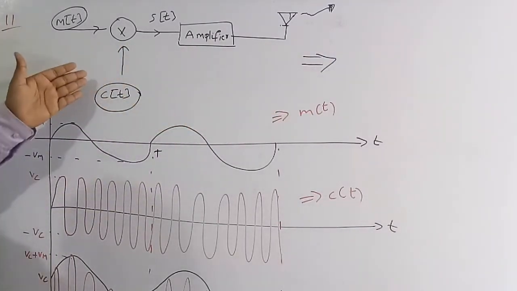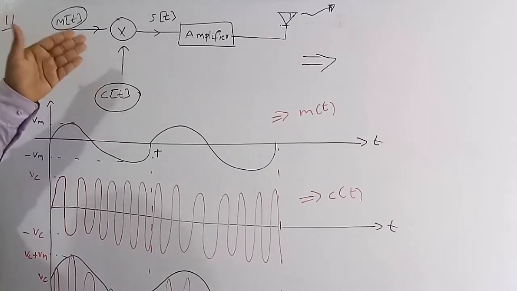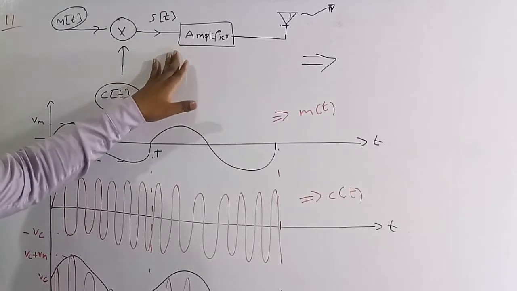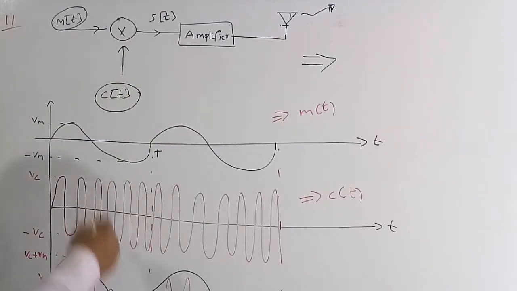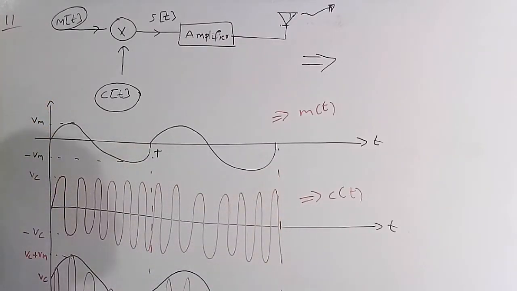But here in the modulation, we transform this low message signal, or low information signal, to a high frequency signal. So this is m(t). This is a very low frequency signal, meaning the time period is huge. Whenever the time period increases, the frequency decreases. So therefore, this is a low frequency signal.